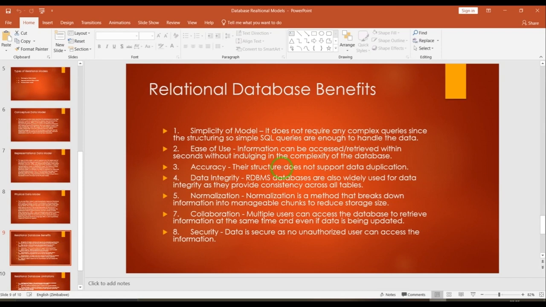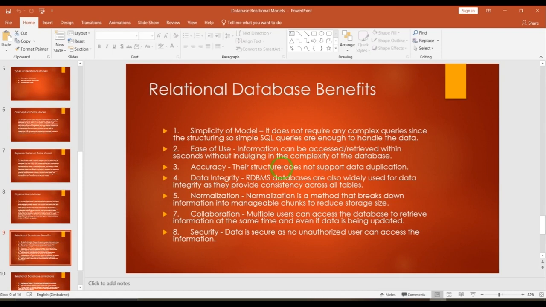Number 2, ease of use. Information can be accessed or retrieved within seconds without indulging in the complexity of the database. 3, accuracy.